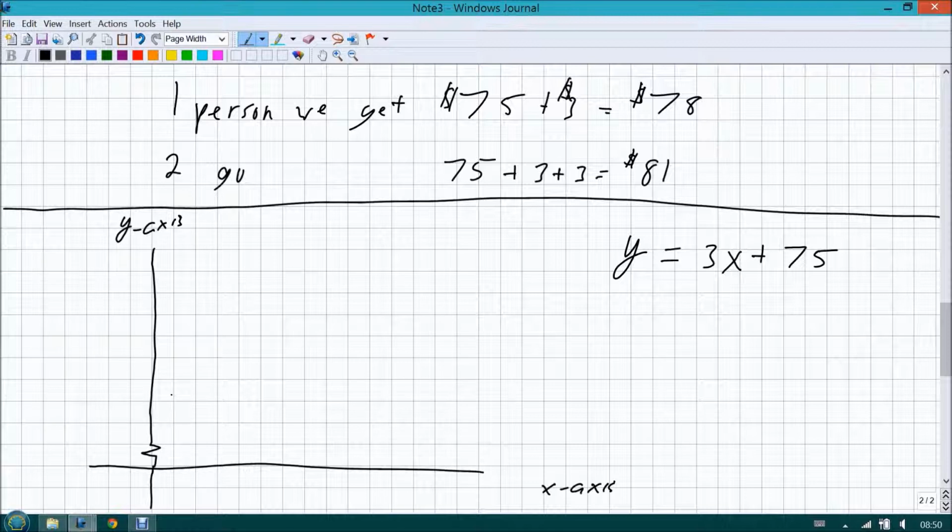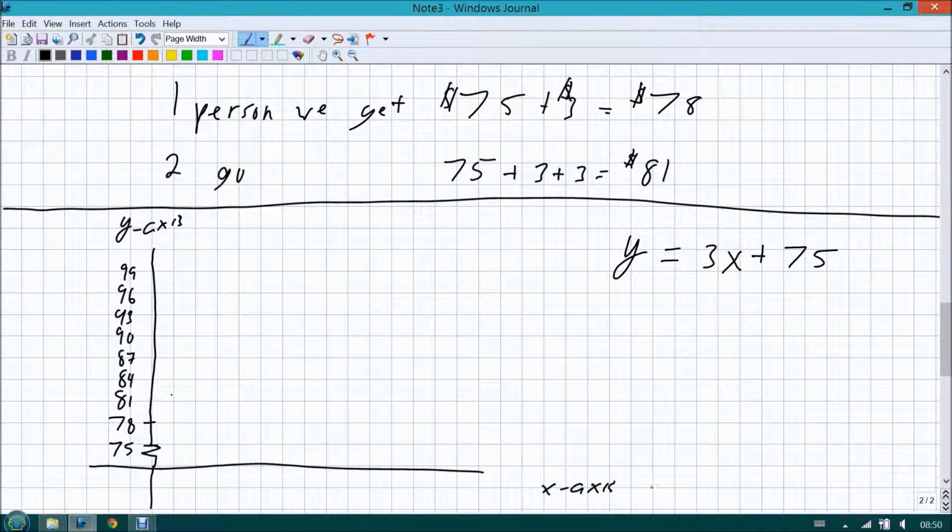So I'm going to start out at 75 here, and then I'm going to go up by 3s. So 75 plus 3 is 78, 81, 84, 87, 90, 93, 96, 99, and I'm going to stop there.